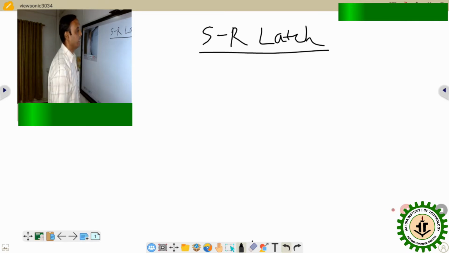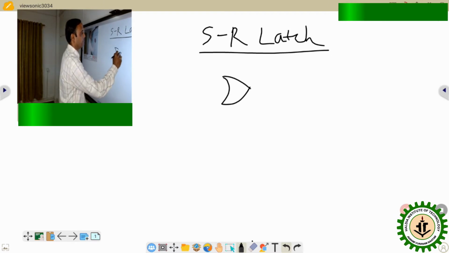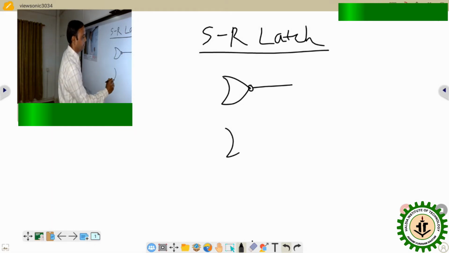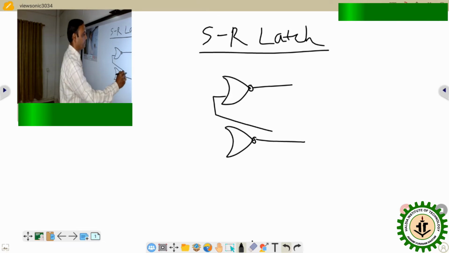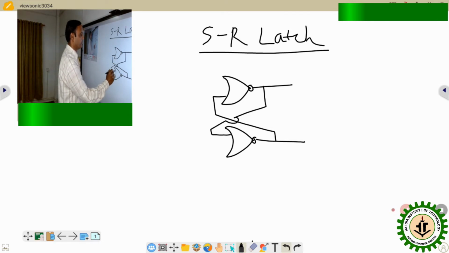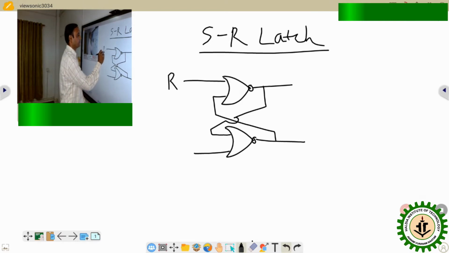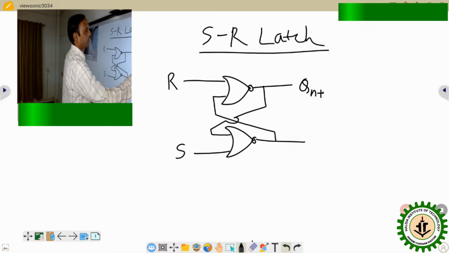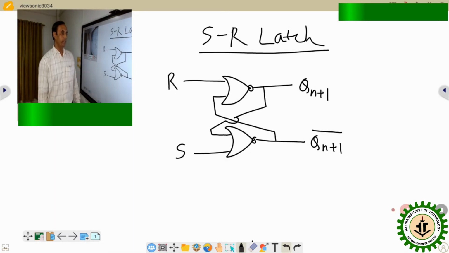Here I am drawing the circuit by using NOR logic gate. This is the SR latch circuit.